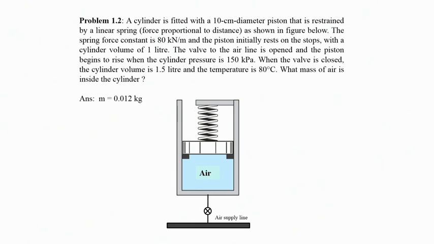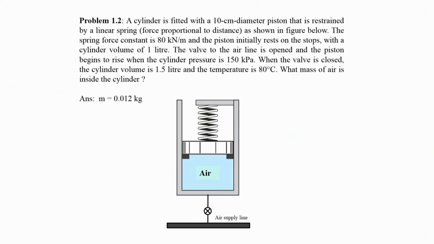When the air supply line is opened, the piston begins to rise because the additional air will pressurize the air from below, and the piston, which was earlier resting on the stops, will experience more pressure from the bottom than the top, and then it will go up. In this process, the cylinder pressure rises to 150 kilopascal.